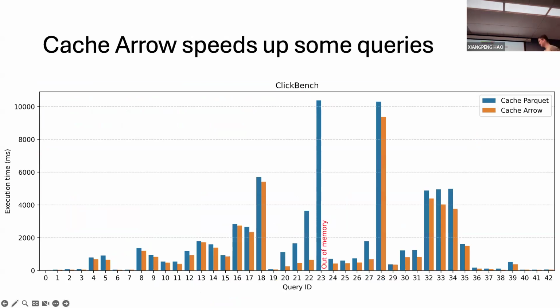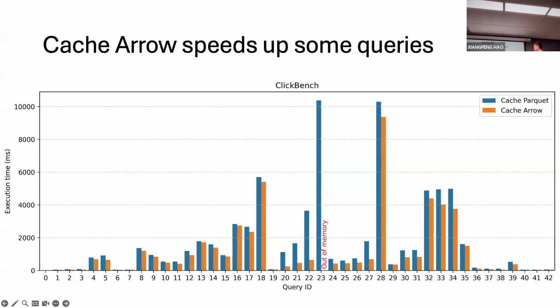So basically, this is ClickBench, and it has 43 queries. ClickBench is a standardized query benchmark, basically exercising a lot of real query semantics. And for those 43 queries, the y-axis is execution time, so the lower the better.